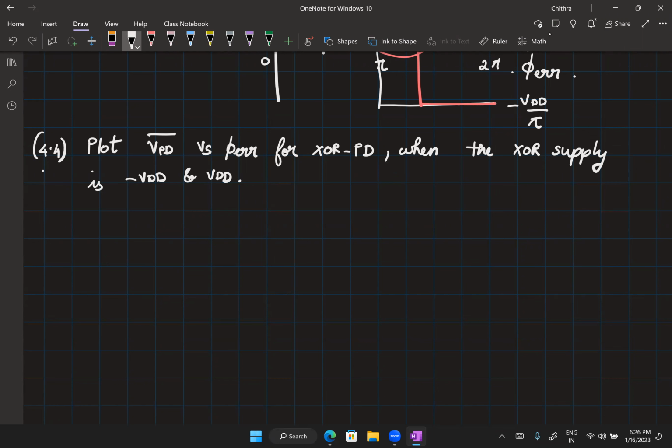So till now we had waveforms that went from 0 to VDD. Now the XOR output is going to go from minus VDD to plus VDD. So you can see what change happens to the characteristics, and you can also calculate the KPD.